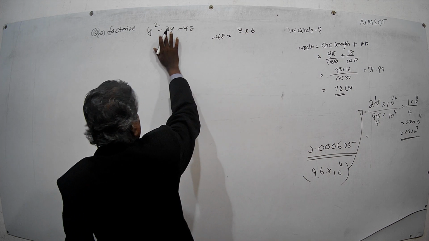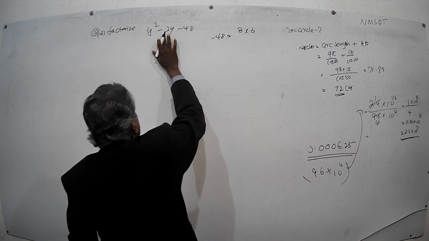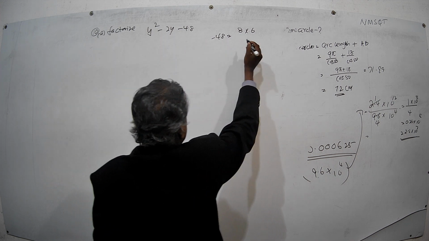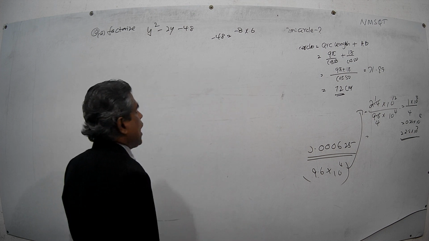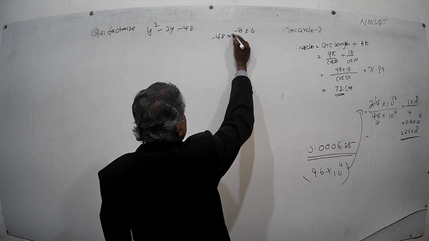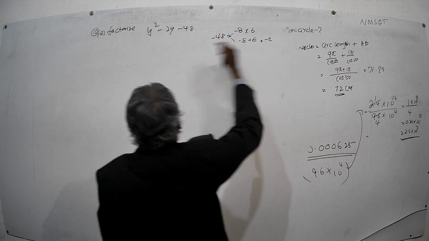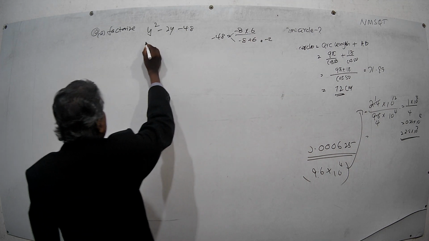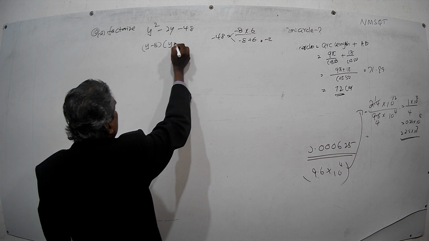Therefore, the middle term coefficient is not plus 2, but for the middle coefficient to be negative 2, you have to make the larger number negative. Minus 8 times 6 is minus 48, and minus 8 plus 6 is minus 2. That is equal to the coefficient. Therefore, straight away you can write the two factors: y minus 8 and y plus 6.